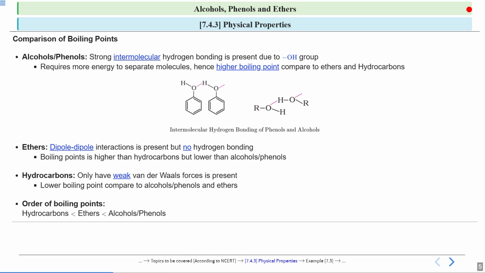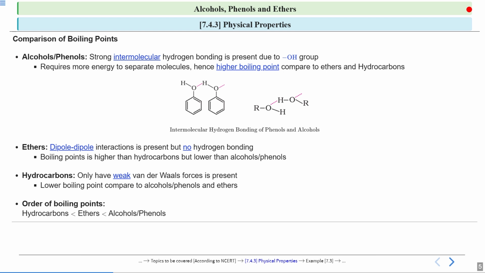So the simple reason, if I have to sum up, is that in alcohols and phenols there is strong intermolecular hydrogen bonding, so you have to provide more energy for the molecules to separate, so the boiling point is more. Whereas in ethers, there are dipole-dipole interactions because of the polar nature of the CO bond. So in ethers, you have to provide less energy because dipole-dipole interactions are weaker as compared to hydrogen bonding.